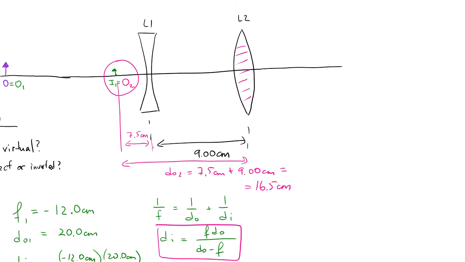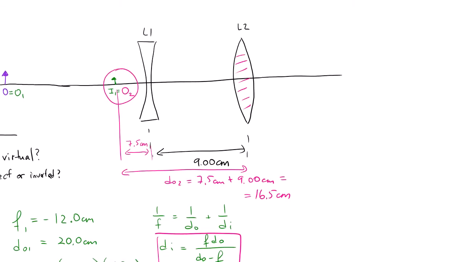What was the value for us? 44, right? So it should be quite far away. If we put a little bit longer distance here, then our image will be somewhere here.